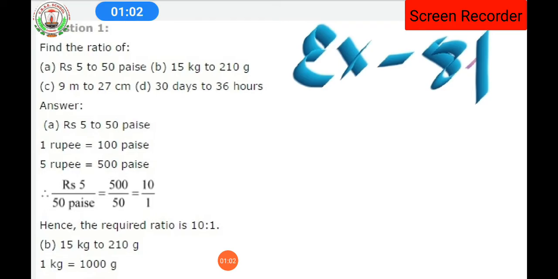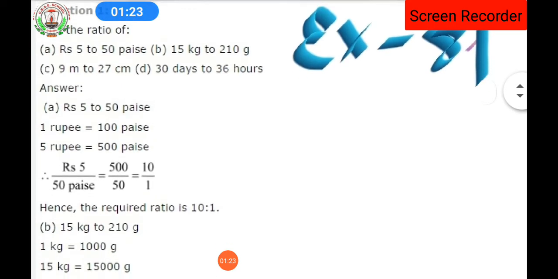Dear students, before dealing with exercise 8.1, you have to memorize all the formulas I had given you before the pre-midterm exam. So what will the first formula be? The first formula will be about ratio. So what is a ratio?